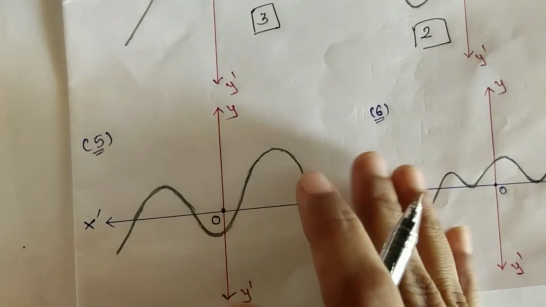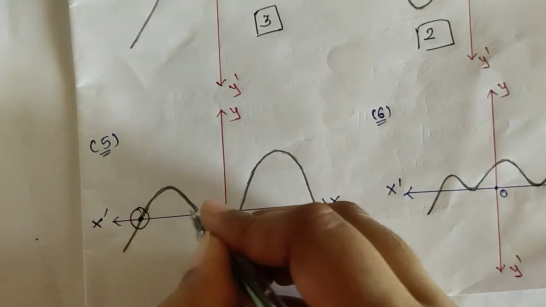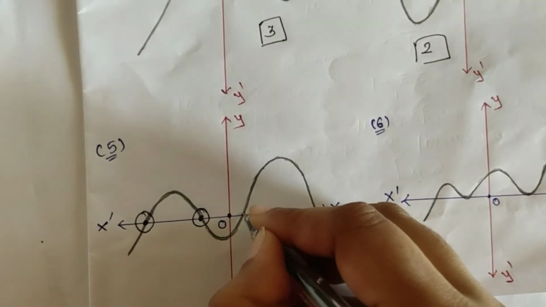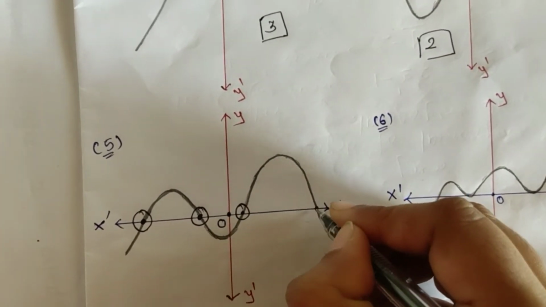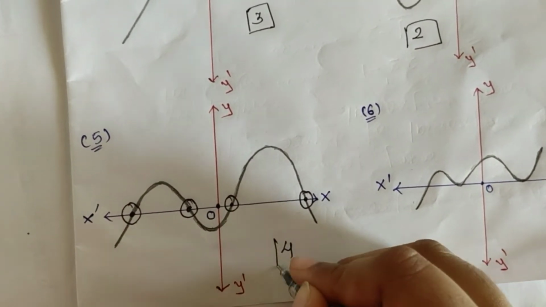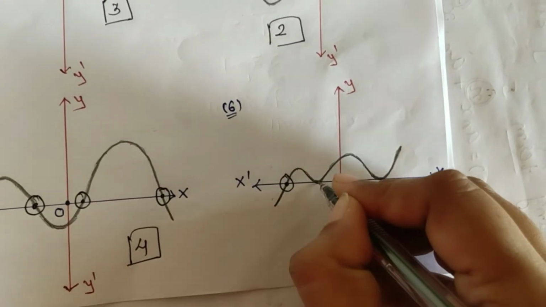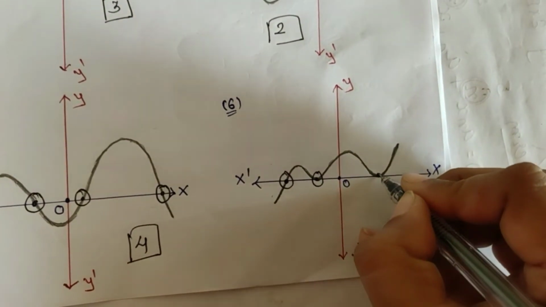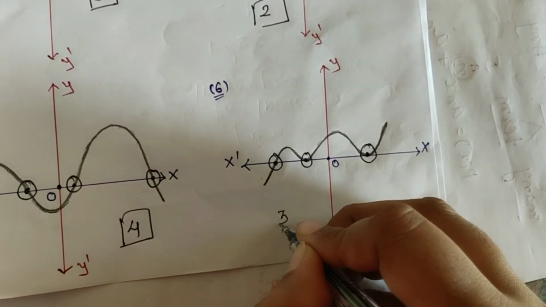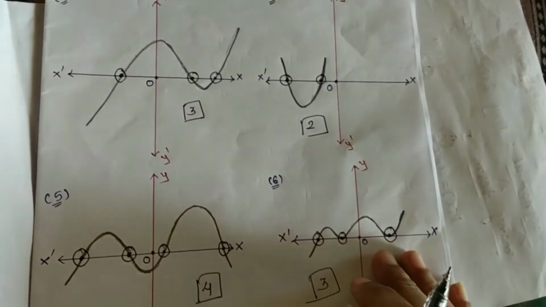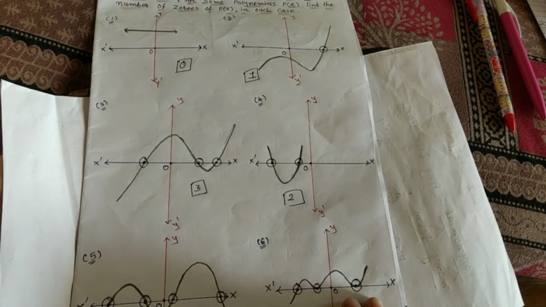Now we'll go fifth one. First, second, third, fourth. Then answer is 4. Now here 1, 2, 3. Then answer is 3. So this is our exercise 2.1 completed.